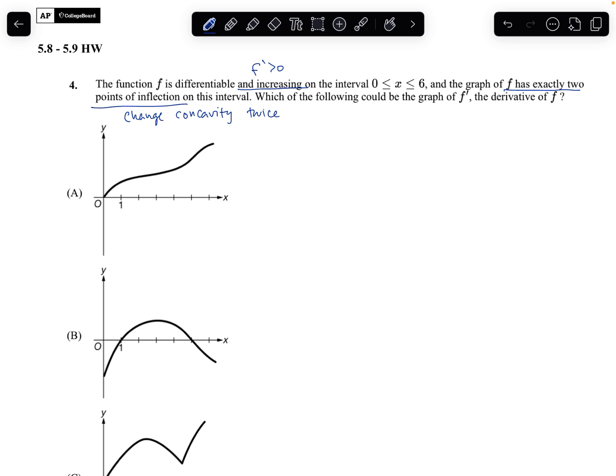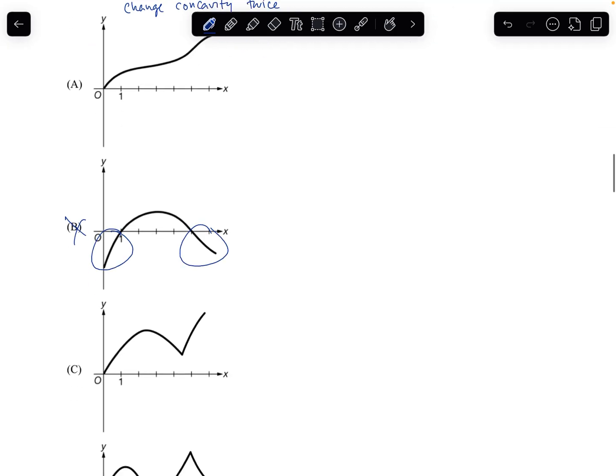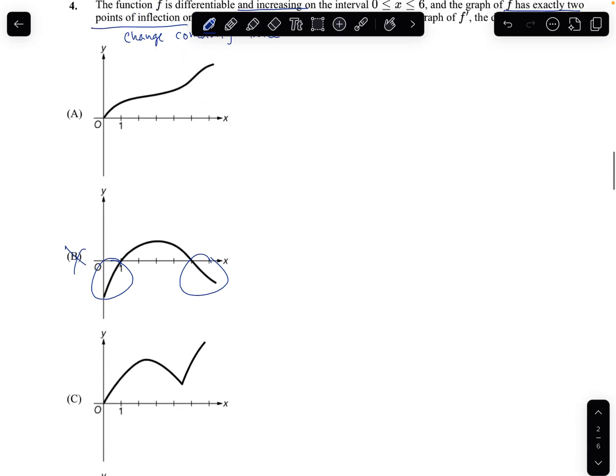Keep that in mind. Which of the following could be the graph of f prime? If f is increasing, f prime has to always be positive on the interval. So it can't be B, because here we have f prime is negative. So that gets rid of that right there.